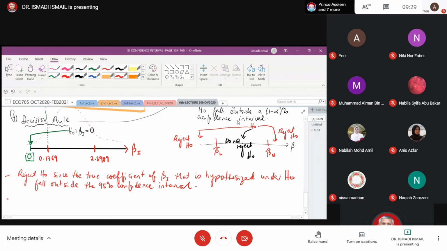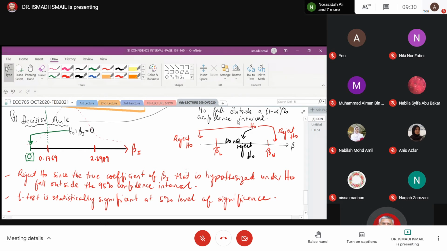Okay, next, t-test is statistically significant at 5%. It is not 95%. At 5% level of significance. And lastly, the question here asks you whether variable I is significant or not significant.